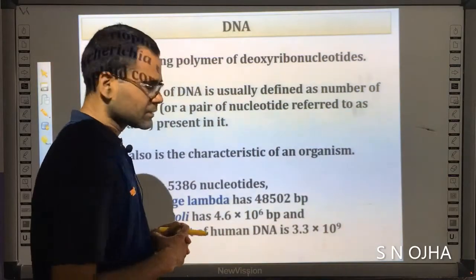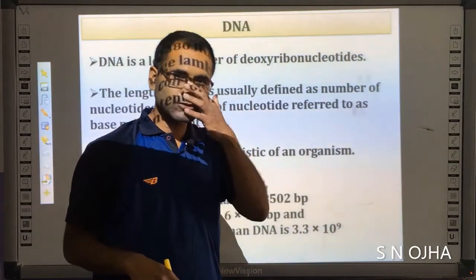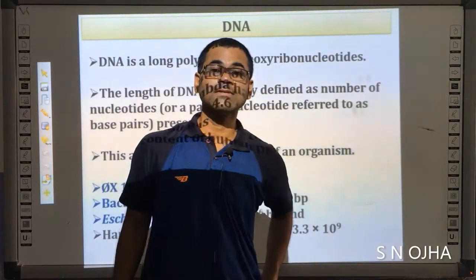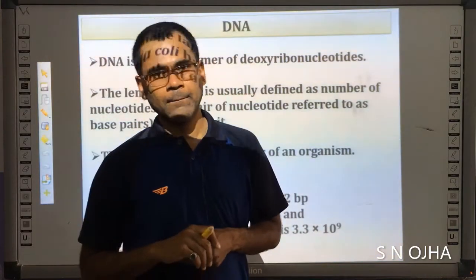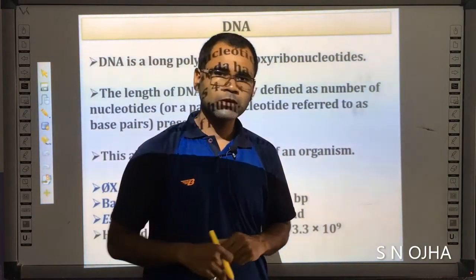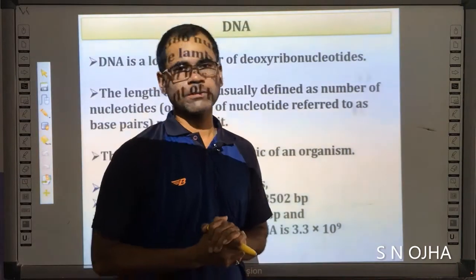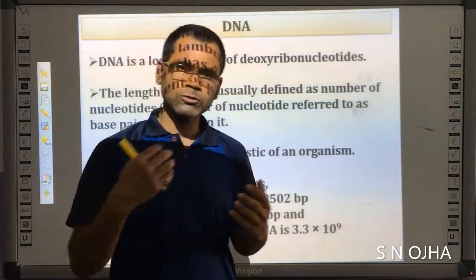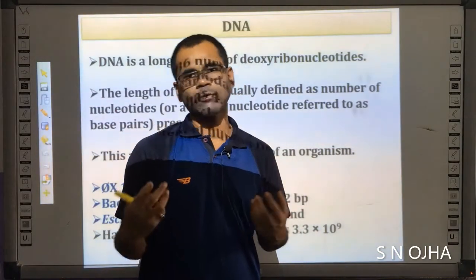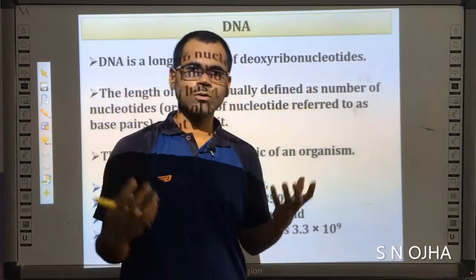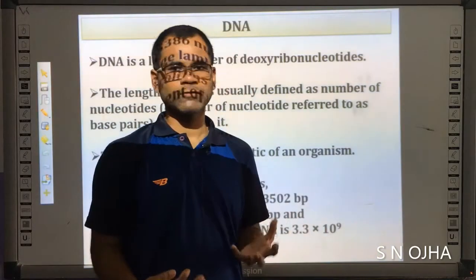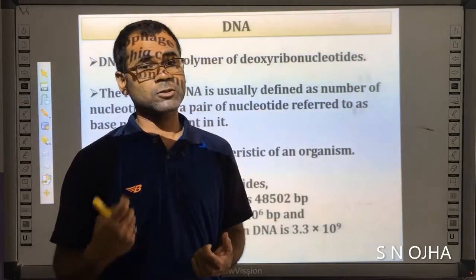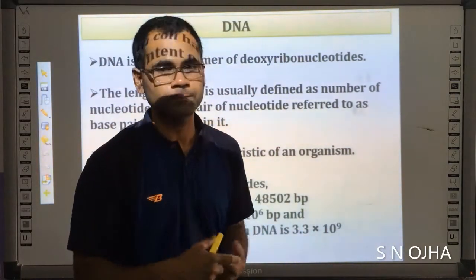Next, let's begin today's topic, and that is DNA. Why am I emphasizing this molecule? It is a very interesting, very important molecule. In the course of heredity, we all know it is a molecule which controls almost all the biochemical functions of the body, and the core molecule responsible for evolution.